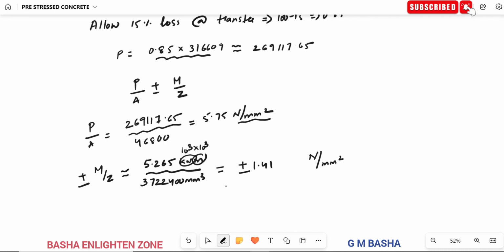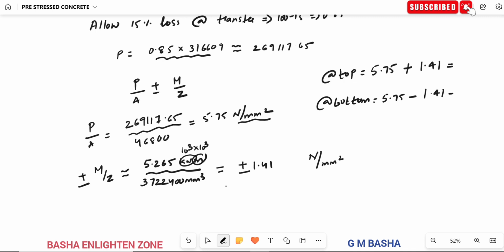So first, the extreme stresses at the top will be equal to 5.75 plus 1.41, and at the bottom 5.75 minus 1.41. So the extreme stresses at the top and the bottom, if you add this, how much will you get?